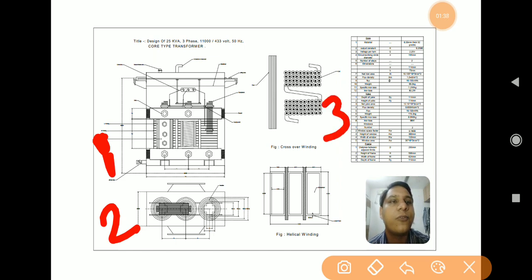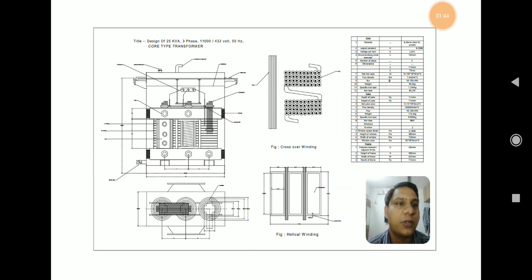Figures 3 and 4 are representing the windings of the transformer. That's what I could say about this figure. Now let us see each one of them in detail, so that you will understand what exactly each part means and what is exactly the function of each part.